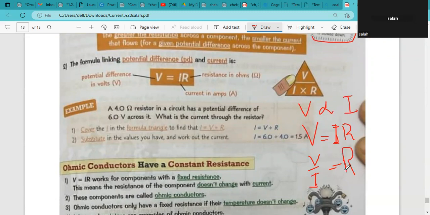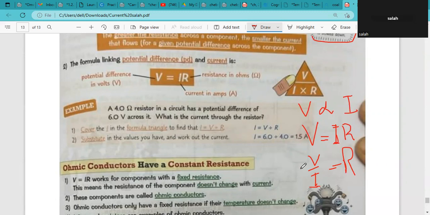So you can relate the resistance and the current. The more current, the less resistance. The more resistance, the less flow of current. So they have an inverse relation.